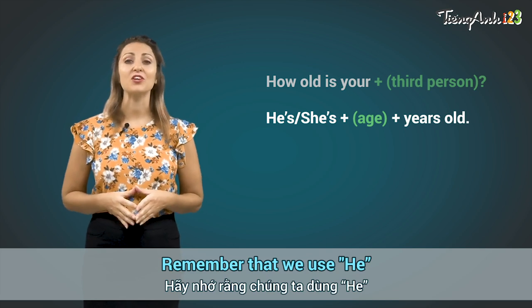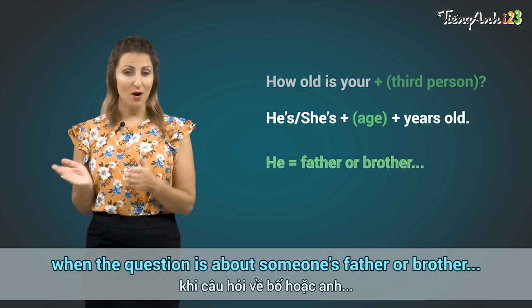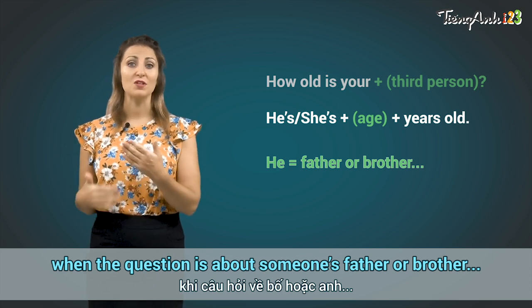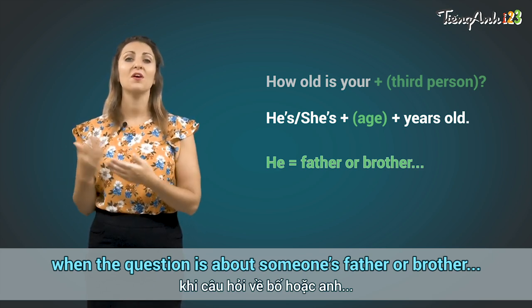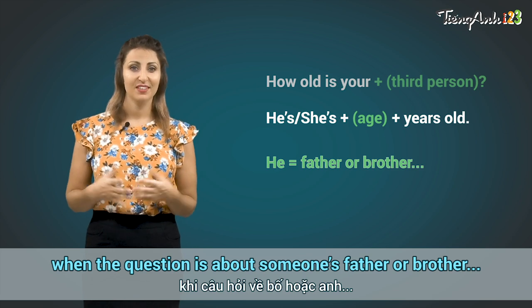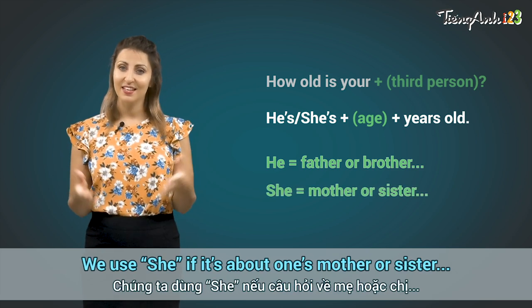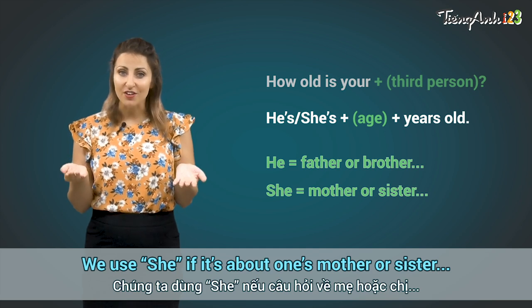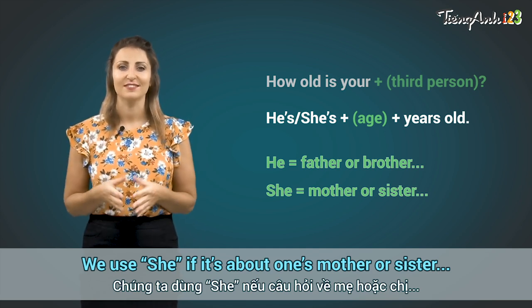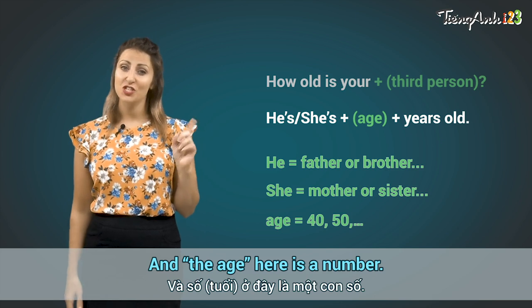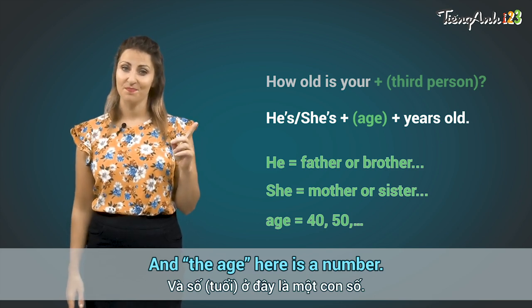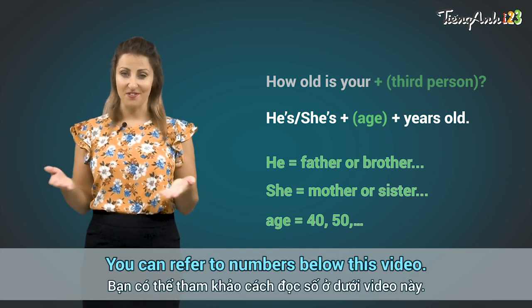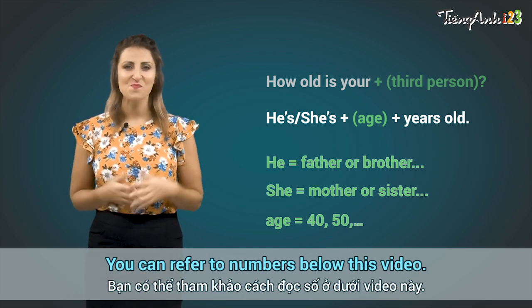Remember that we use he when the question is about someone's father or brother. We use she if it's about one's mother or sister. And the age here is a number. You can refer to numbers below this video.